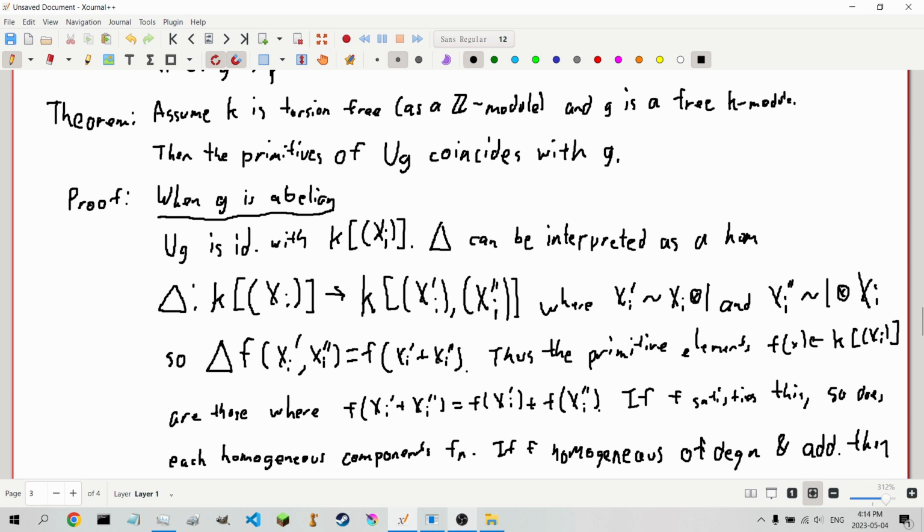if f is additive like this, then we can break this down into its homogeneous components, which we write as f sub n.